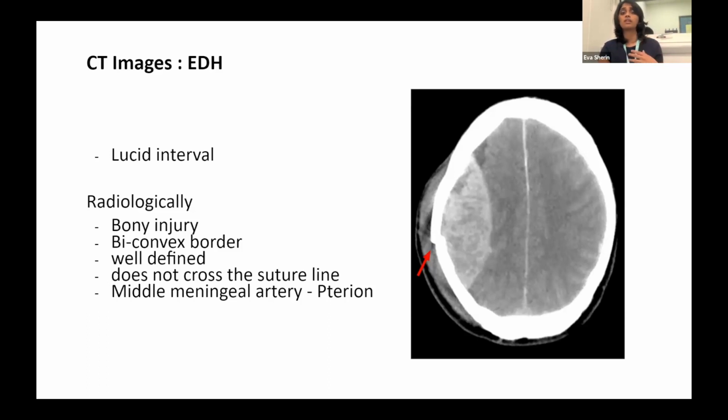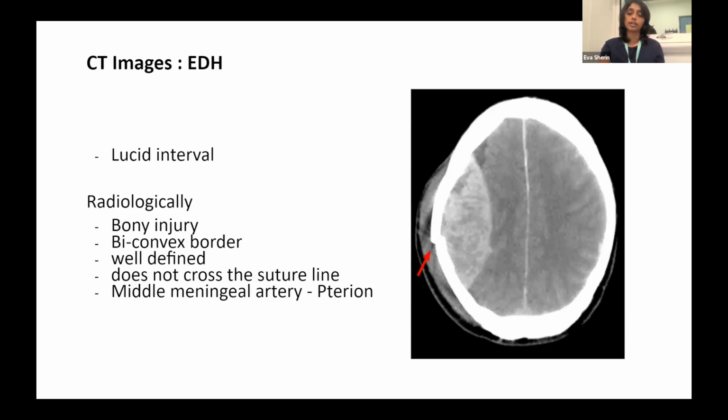Then 2 hours later, 3 hours later, they have loss of consciousness again, or their GCS drops, or they've developed weakness. That is called a lucid interval, in which they're completely normal for a period of time. So that is very common in extradural hematomas.